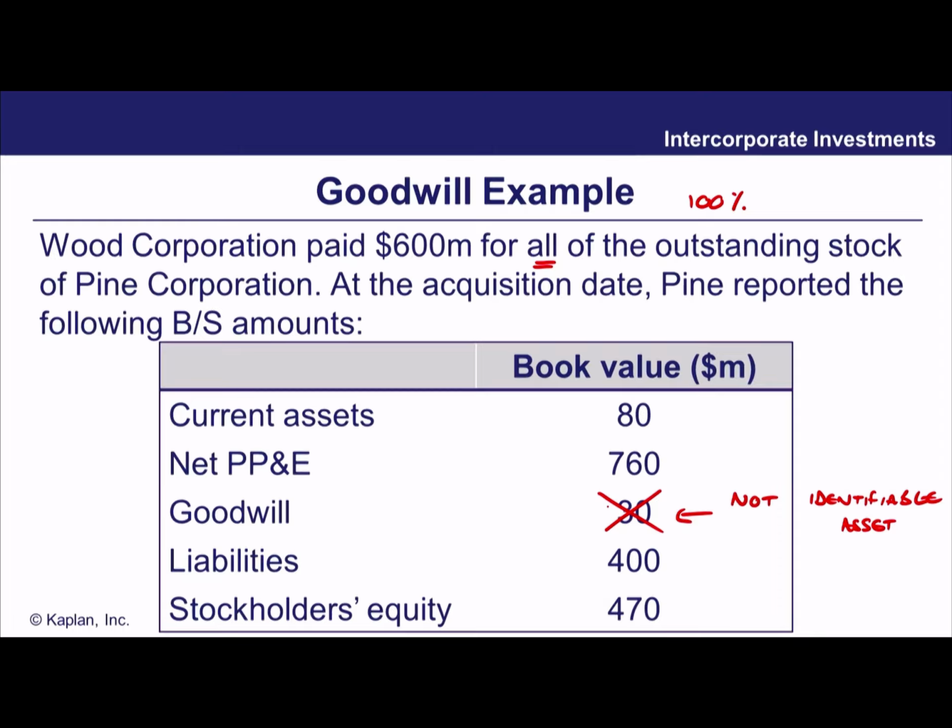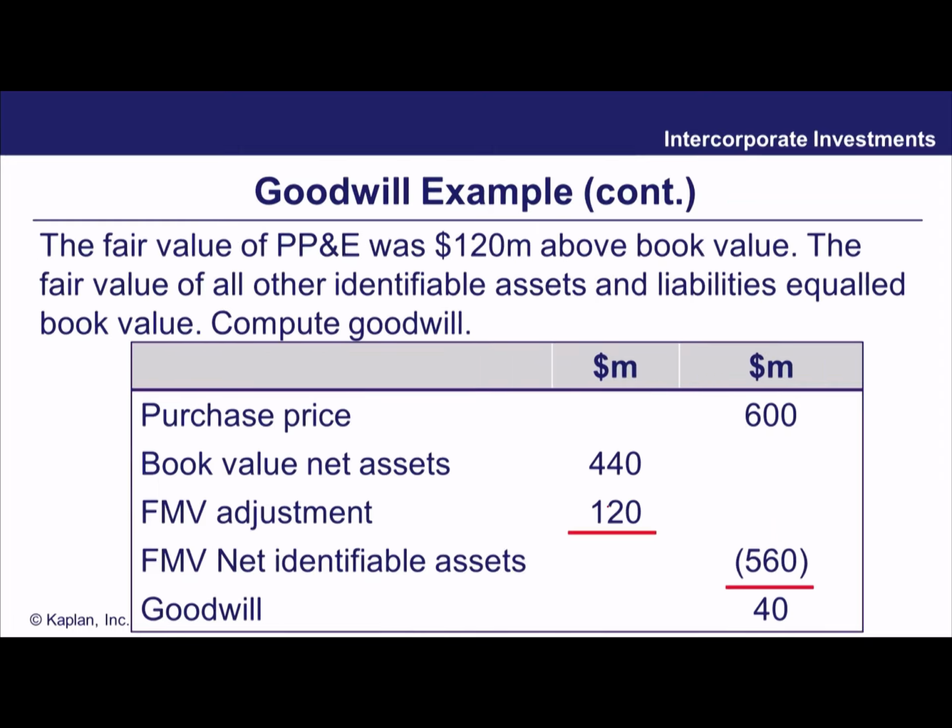Okay, so let's have a little look then at our goodwill computation. Now it tells us as well that the fair value of PP&E was 120 million above book value. So we've got a fair market value adjustment to our plant, property and equipment made at the date of acquisition. The fair value of all other identifiable assets and liabilities was equal to their book value. So compute goodwill.